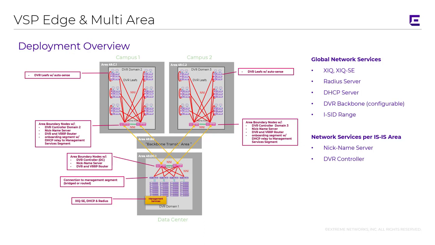And then we have network services that are specific per ISIS area, and that is our nickname servers, as we talked about earlier, and also our DVR controllers. So I hope that gives you a very good view of the innovation that we provided with multi-area ISIS, not only its capabilities for scale, but its capabilities for extremely granular service attributes within the fabric itself.